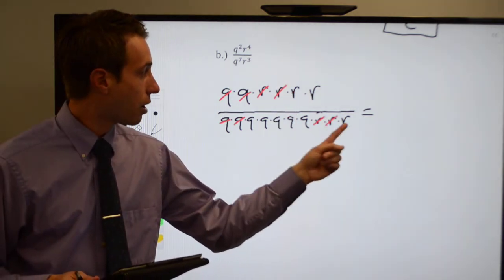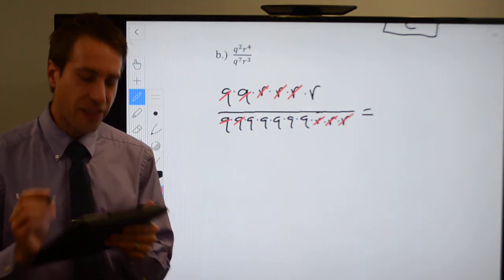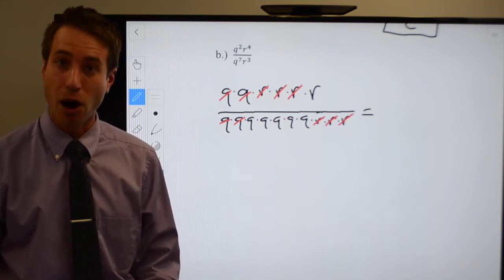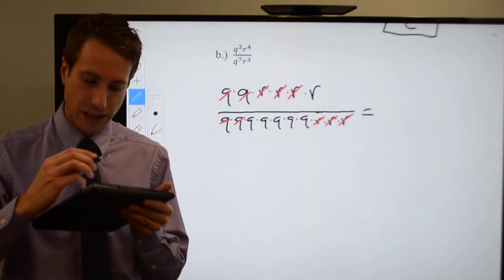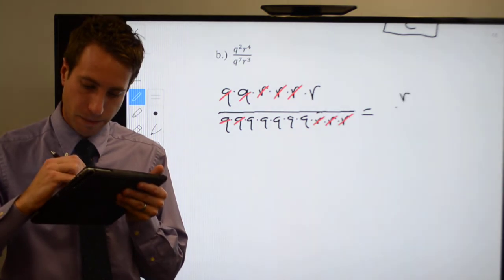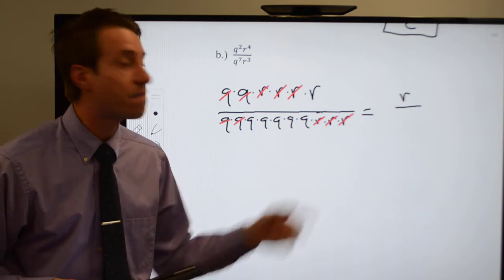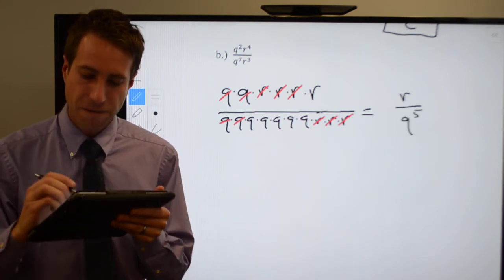I have an R and another R, so those will cancel. Now that I've canceled everything I've got top and bottom, we just simply write what's left. All that's left in the top is an R. All that's left in the bottom is 1, 2, 3, 4, 5 q's. So a q to the 5th power.